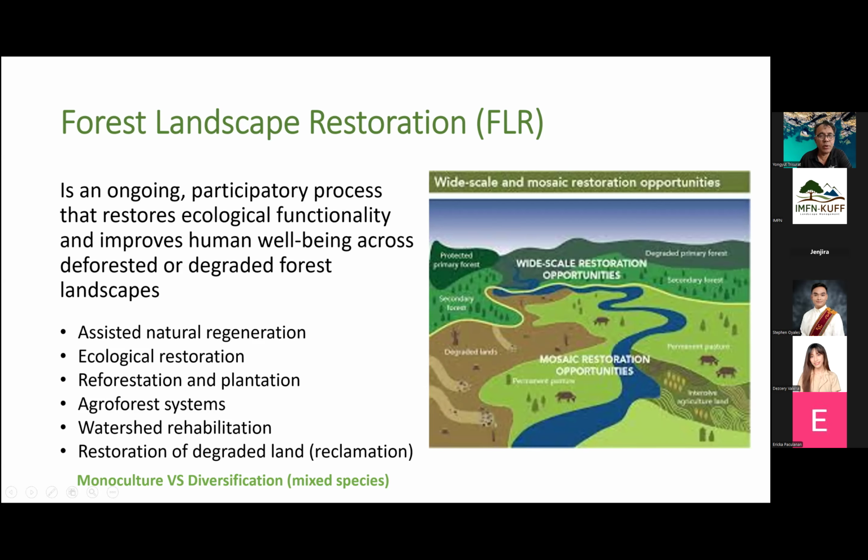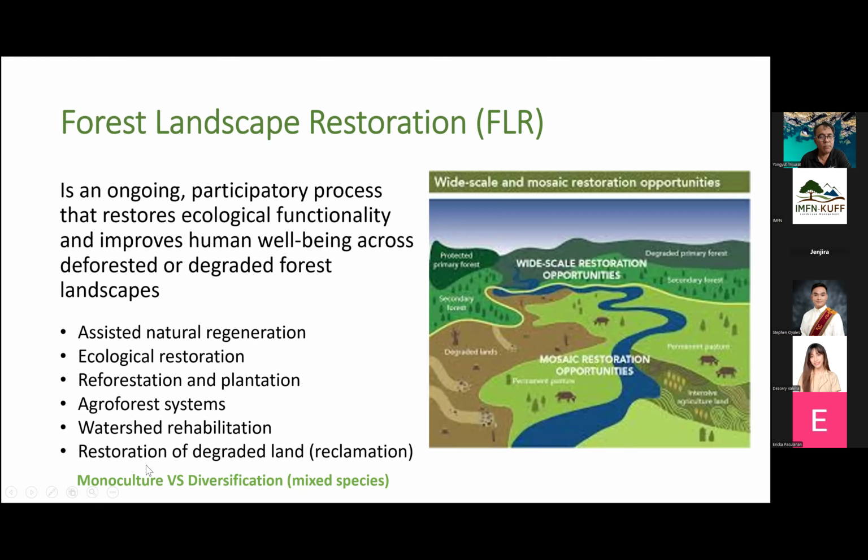So there are several techniques for forest landscape restoration: assisted natural regeneration, I will tell you more about this one; and the second one, ecological restoration, reforestation or plantation, agroforestry, watershed rehabilitation, and restoration of degraded land or land reclamation.